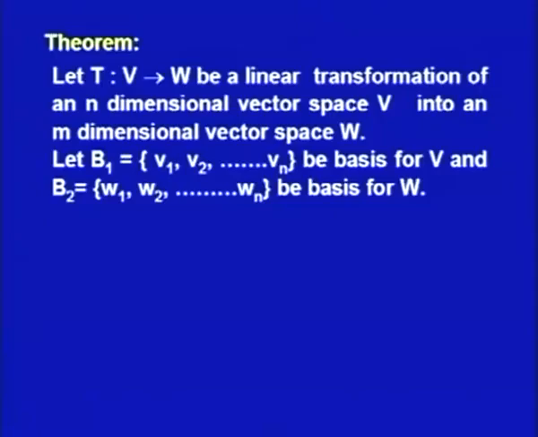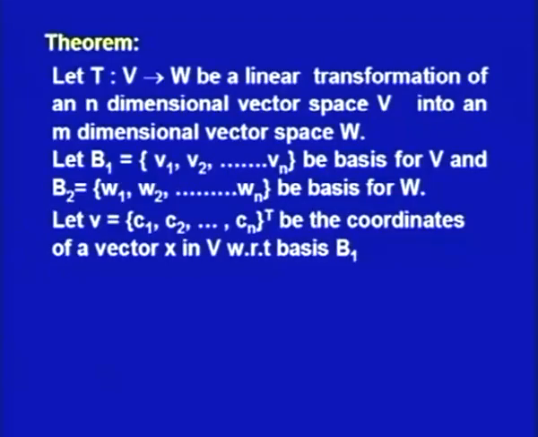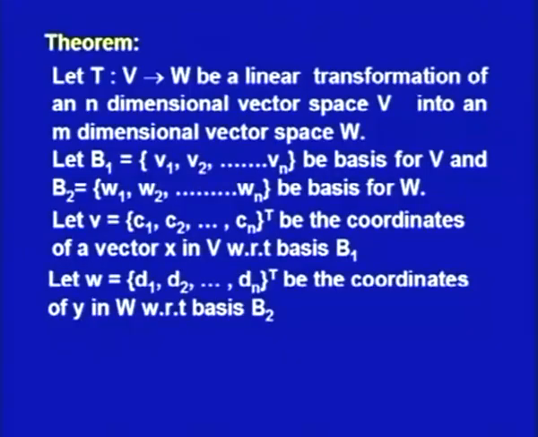Now we have a theorem. If we have a linear transformation T from an n dimensional vector space V into an m dimensional vector space W, and B1 is a basis for V and B2 is a basis for W, and v equal to C1 C2 Cn transpose is a column vector with the coordinate vector of x in V with respect to basis B1, and w equal to D1 D2 Dm transpose be the coordinates of y in W with respect to basis B2, then T of x is equal to y means Av is equal to w.